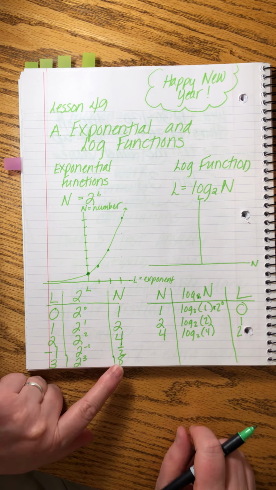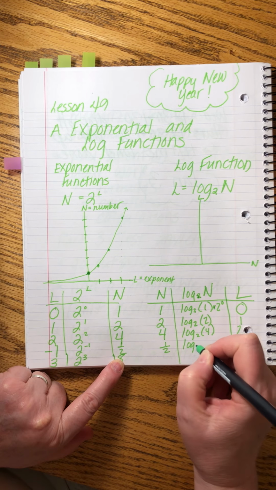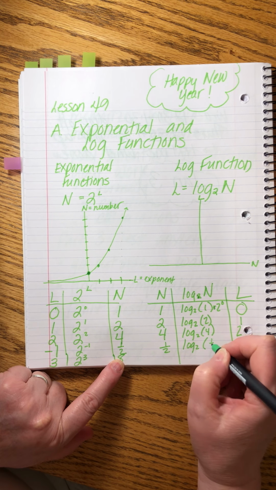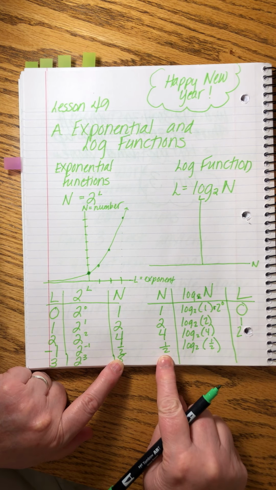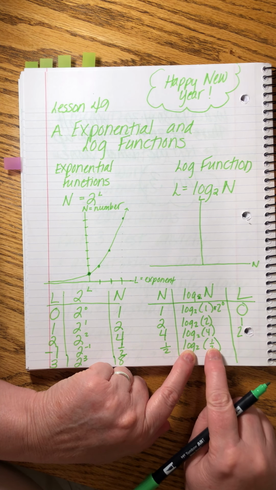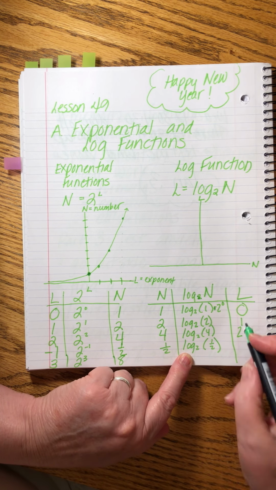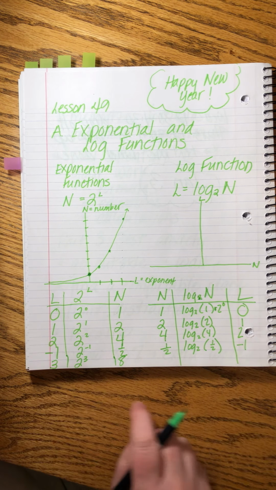All right, let's try 1/2 and see if we can get our brains to do that. What is the exponent we put on 2 to get the number of 1/2? Okay, we have to flip that 2 down to the denominator, so that would be -1.